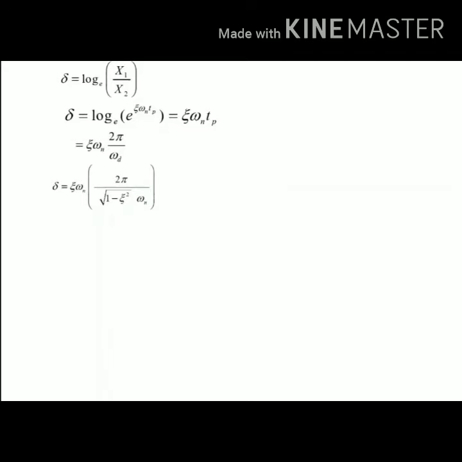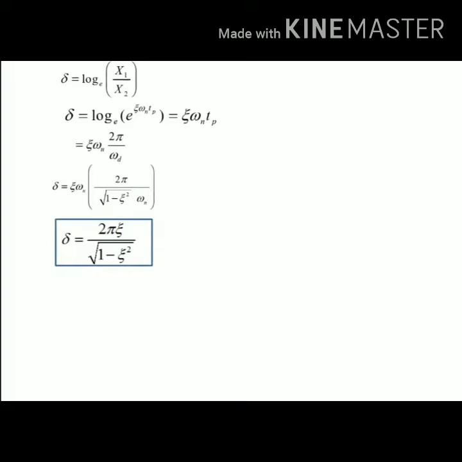So we get delta is equal to zeta omega n into 2 pi divided by omega d, which is under root of 1 minus zeta square into omega n. So here omega n gets cancelled. So we get delta is equal to 2 pi zeta divided by under root of 1 minus zeta square. This is the equation for logarithmic decrement.